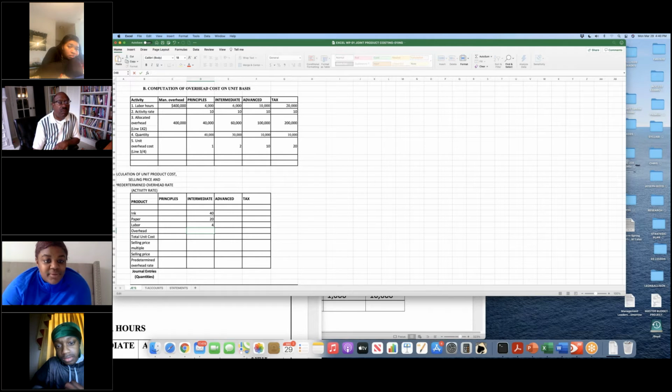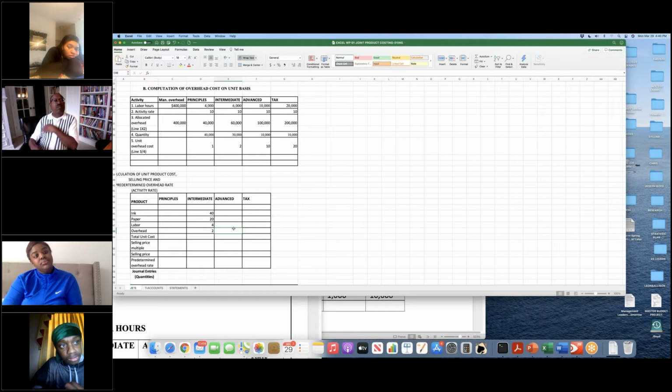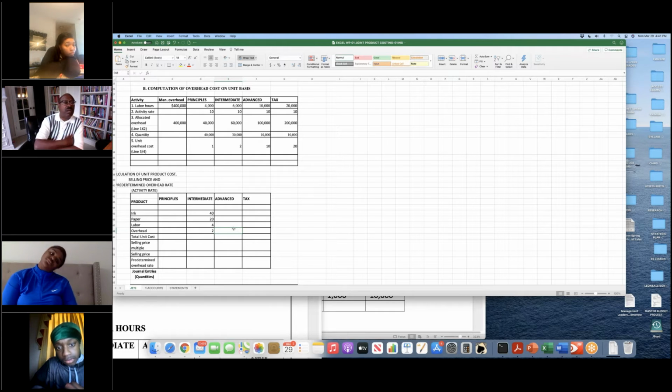So equal, parentheses, and then the one next to principal. Equal, shift parentheses, then we click here. Shift parentheses. Okay, so you all are supposed to be doing this now on the rest of them.